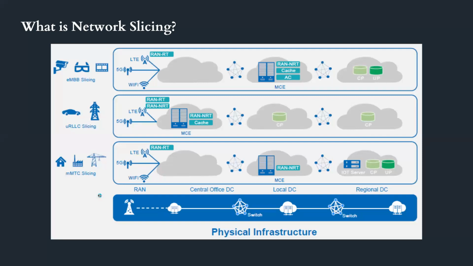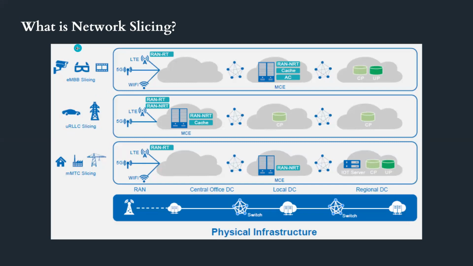These three slices are known as the eMBB slice or enhanced mobile broadband slice, the URLLC slice or ultra-reliable low latency slice, and the mMTC slice. These three slices have their own requirements, and based on the requirements, the slice has to be operated to give the optimal performance.